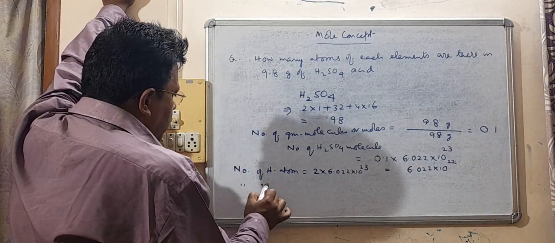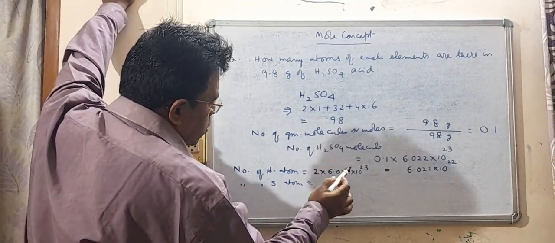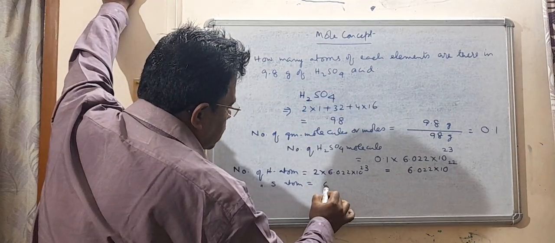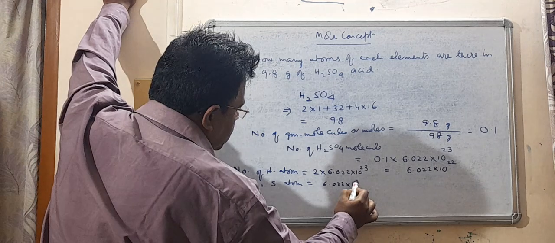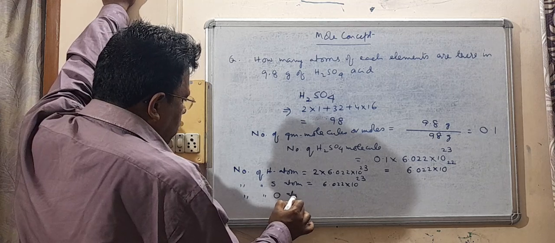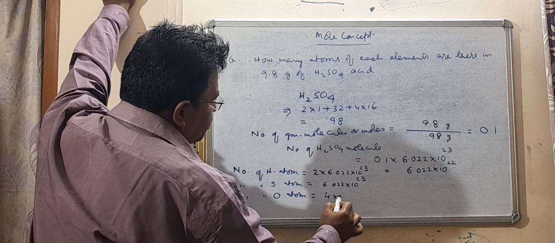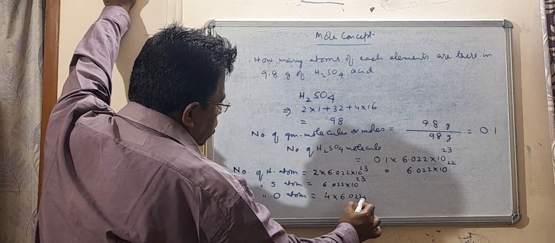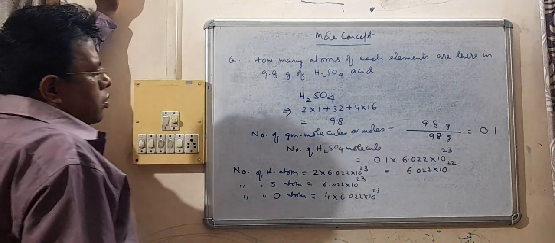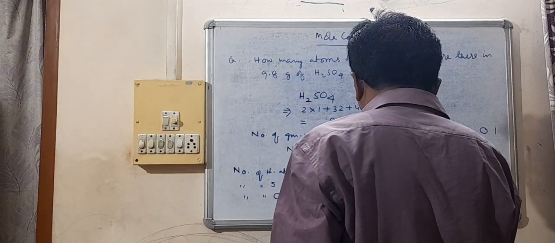Similarly, the number of sulfur atoms will be the same as this many atoms, and the number of oxygen atoms will be 4 into this. So this is the answer that we will be writing.